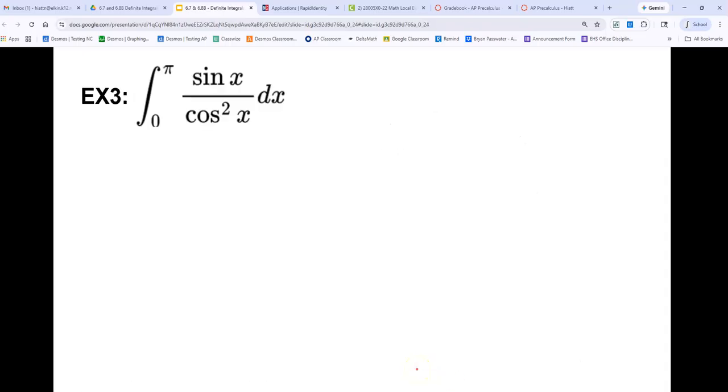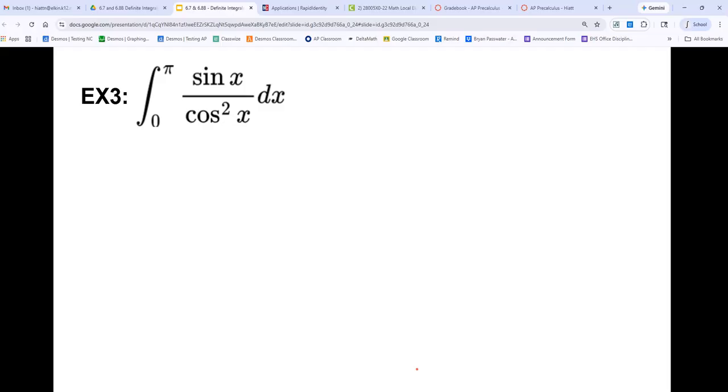All right. So if I have a problem like this where I need to integrate sine x over cosine squared x dx, I don't know any quotient rules or anything like that. I only know the power rule and the rules that were just on that last slide, right? So there's not a quotient rule sort of thing that I'm supposed to do here.